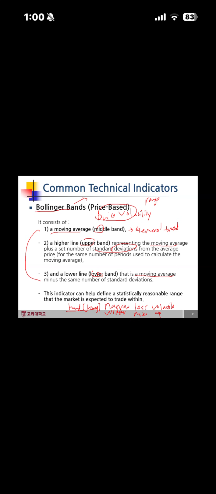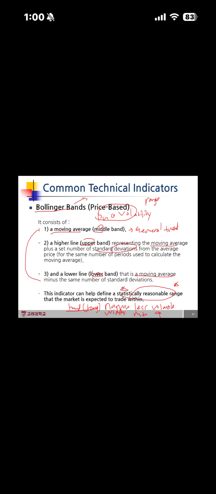Technical analysts often interpret this band as representing a statistically reasonable range within which prices are likely to move most of the time.